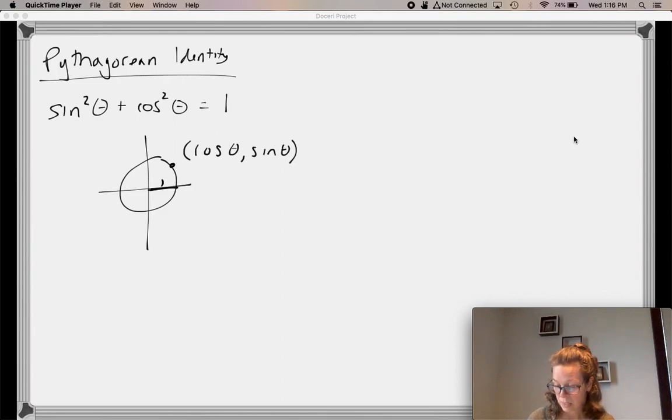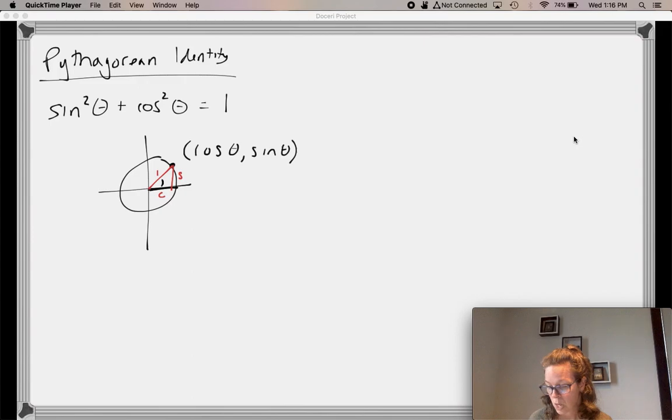Well, if we make this into a right triangle, then the x is the cosine, I'm just going to call it C. The y is the sine, so let's call it S. And then that hypotenuse is 1 because that's what the radius of the circle is. And so then when we do the Pythagorean theorem, we would get sine squared plus cosine squared equals 1 squared, or 1. Okay? So let's go ahead and look at some problems that we could solve with this.